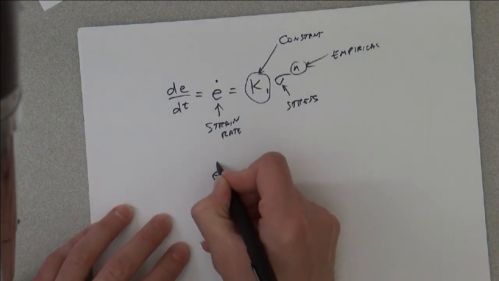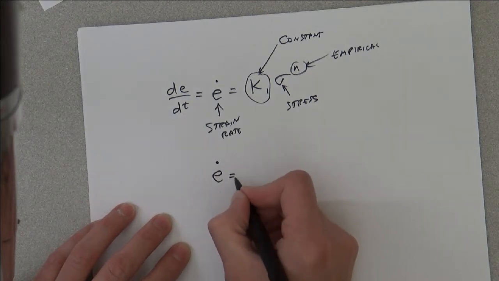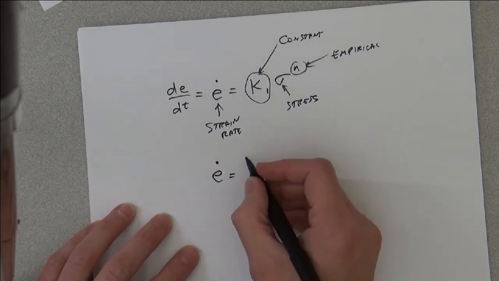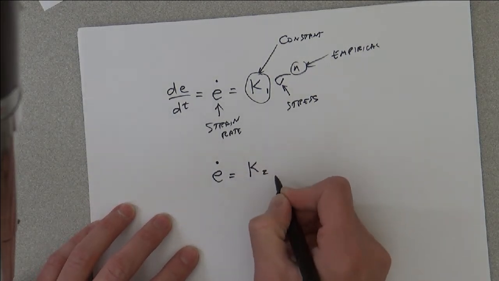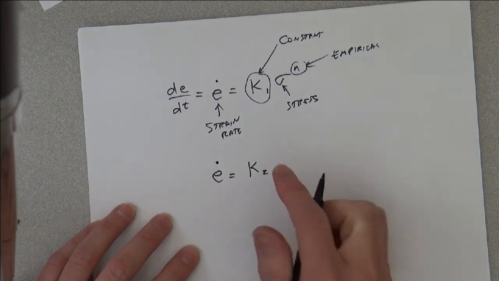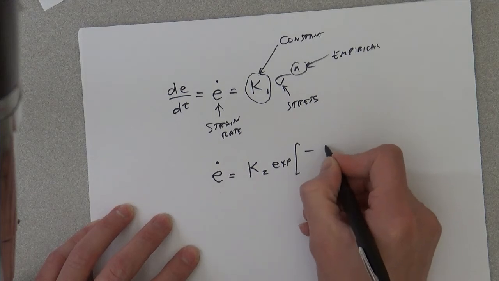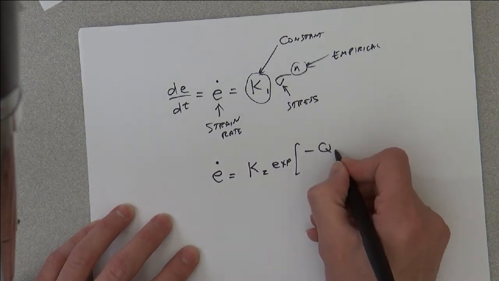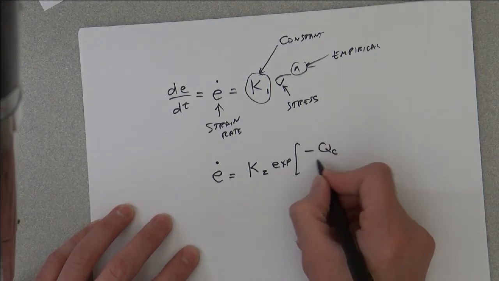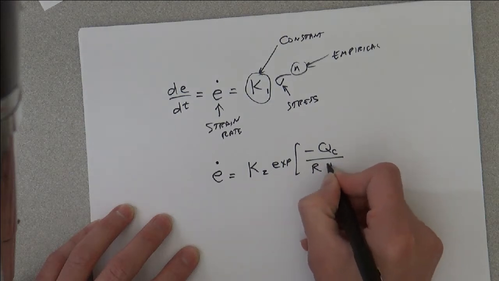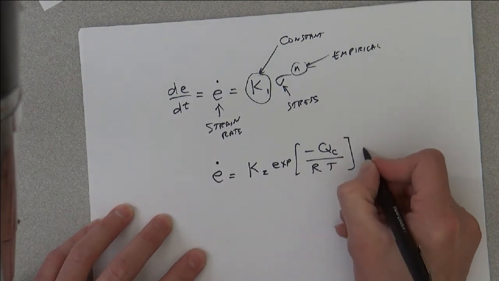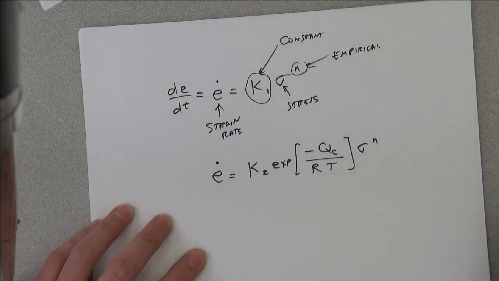And we can write another power law as K2, so that's just a second constant, exp negative Q, I'm going to call C for creep, RT, sigma to the n.